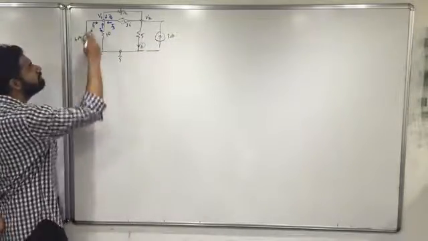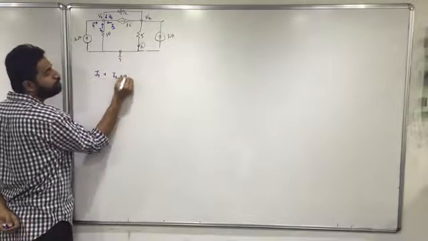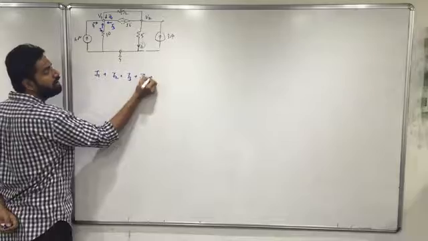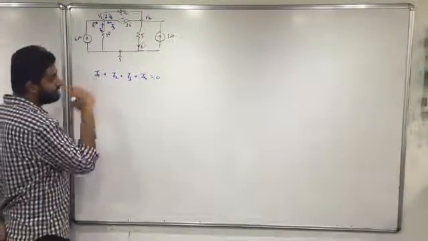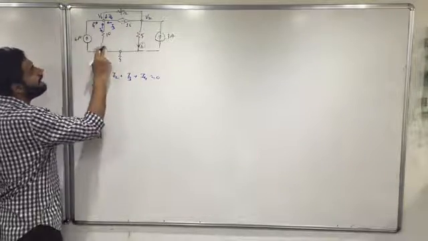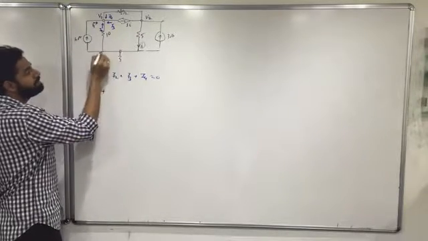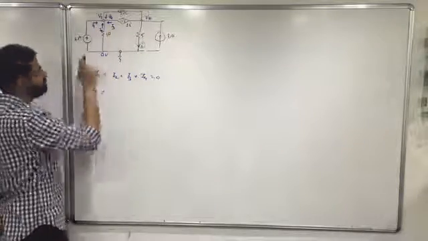What will we do? We'll apply KCL at node 1. So I'll say I1 plus I2 plus I3 plus I4 is equal to 0. So we can say this is 4 amperes plus I2. This is the grounded node, 0 volt, and this is V1 volt.